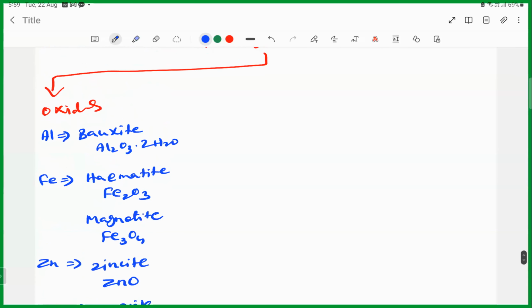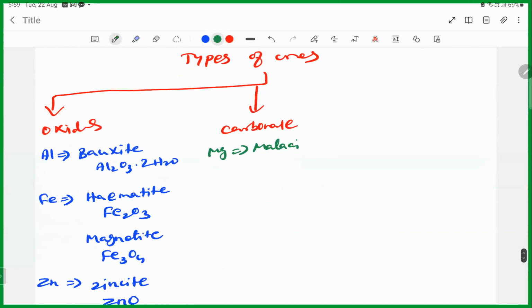So when you go to the carbonate ores, the magnesium which is obtained as a malachite. Oh, sorry. Magnesium which is obtained as magnesite. So that is nothing but MgCO3.